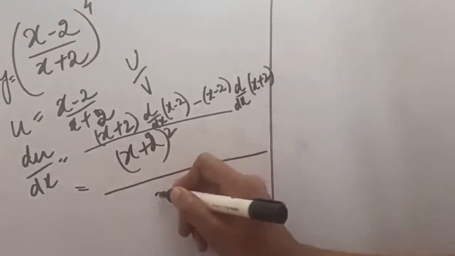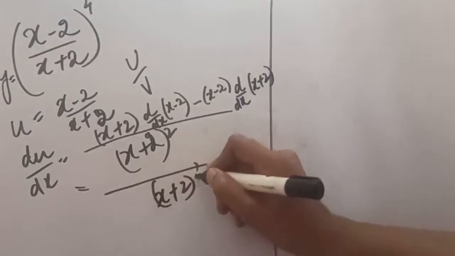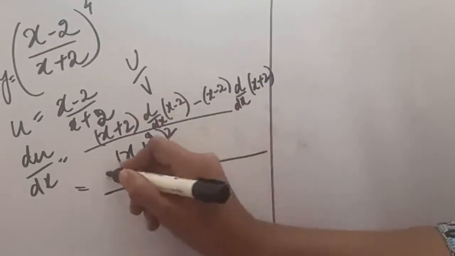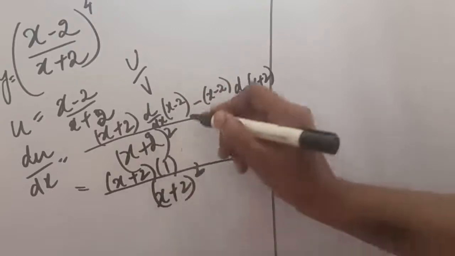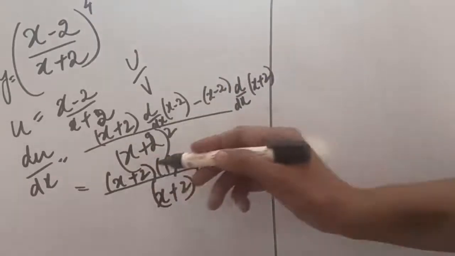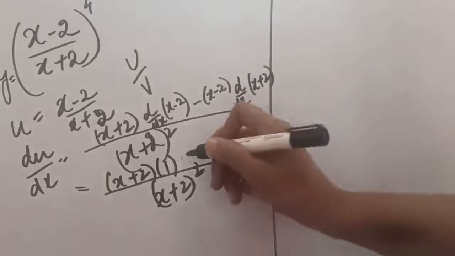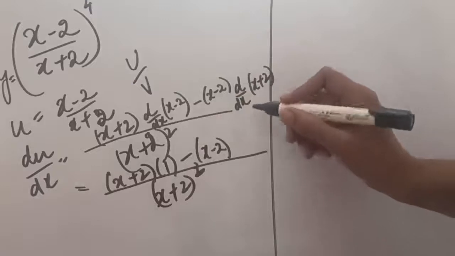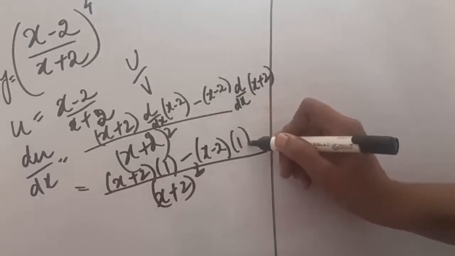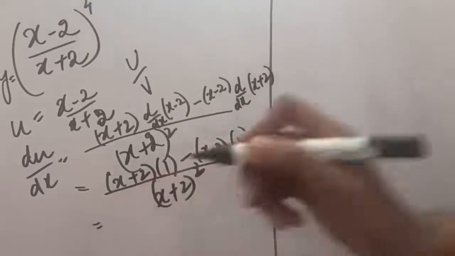So below it will be same, x plus 2 square. This is going to be same, x plus 2, derivative of x minus 2 will be 1. So it won't make any difference, multiplying this by 1 it will be x plus 2 minus x minus 2 will be at its own place, and here also x plus 2 derivative will be equal to 1. So this also won't make any difference.